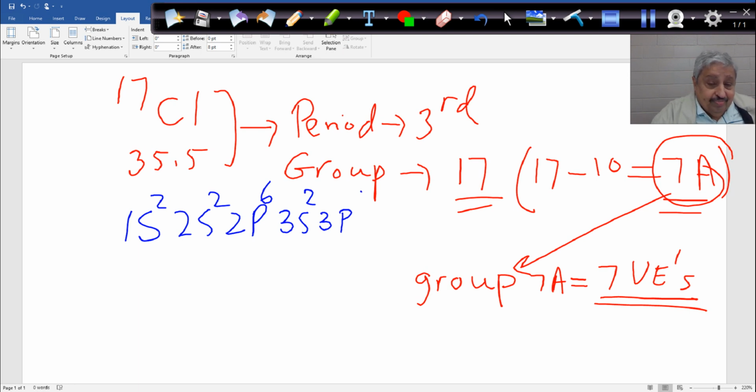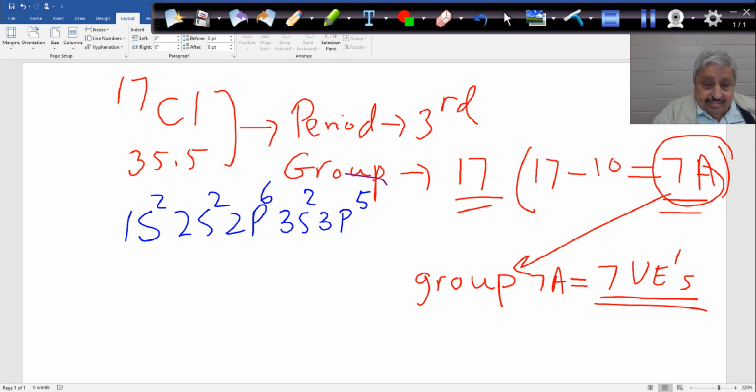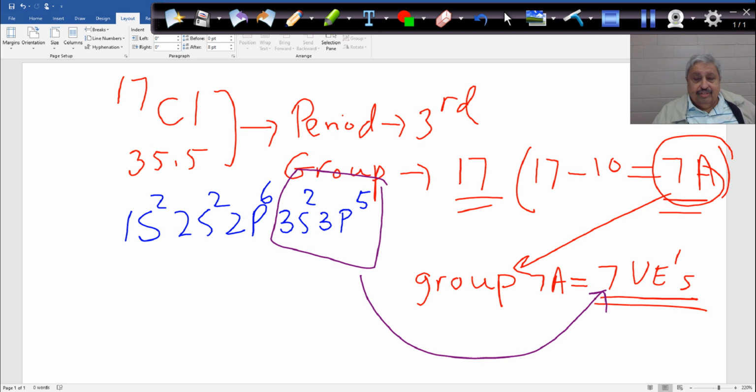How much left? 5. So the VEs are 7 electrons, 2 plus 5. And those 7 VEs are residing on the 3s and the 3p. Those are the valence electrons.